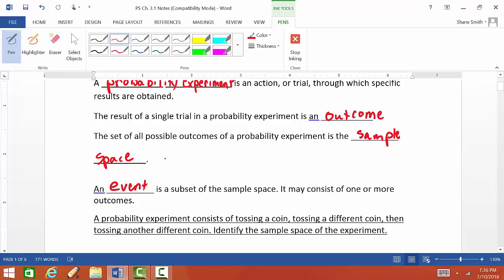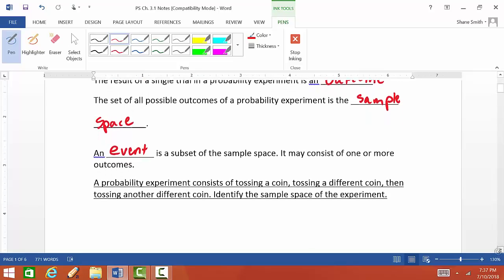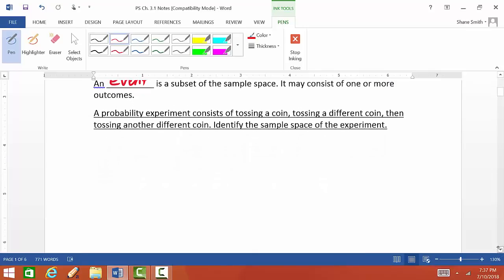Or it could just be one of the outcomes. So what we're going to be asking about is we want to find the probability of a specific event given a probability experiment.